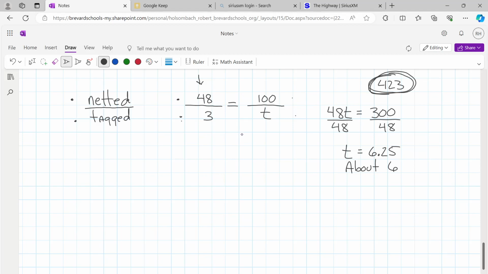That's the key. Okay? Netted over tagged equals netted over tagged. And that's why I like to write it down next to where I'm going to write my proportion. And then double check that I put netted in both numerators and tagged in both denominators.